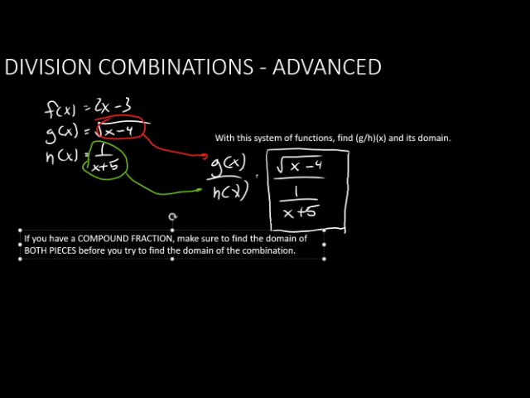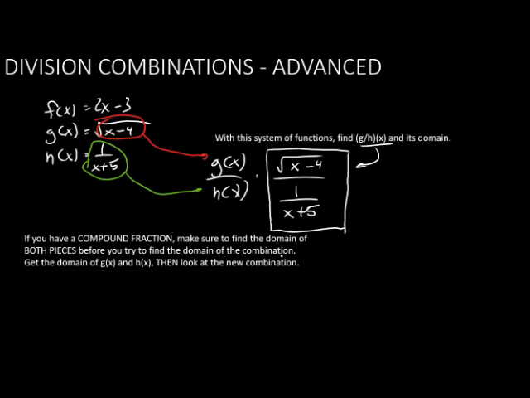Therefore, before trying to find the domain of g over h of x, we have to first get the domain of g and the domain of h. So even though we now know what g over h of x is, we first have to inspect g(x) and h(x).